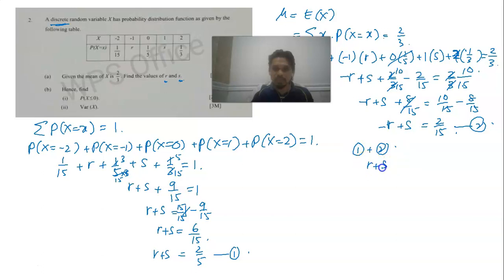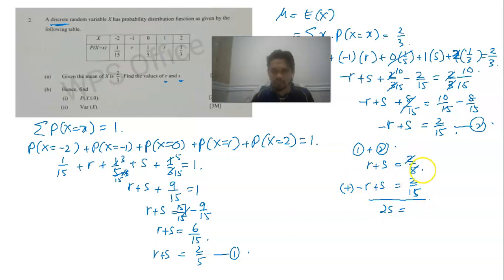So r plus s equal to 2 over 5 and negative r plus s equal to 2 over 15. R plus negative r is just like r minus r, equal to 0. S plus s, 2s, equal to 2 over 15 plus 2 over 5.